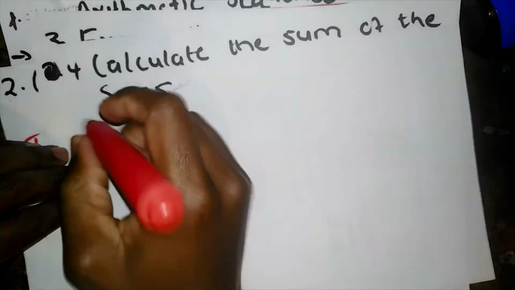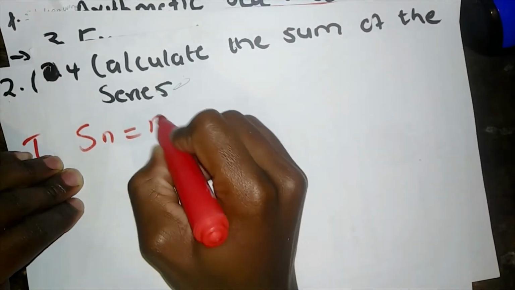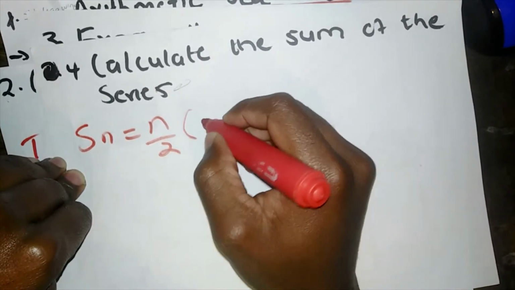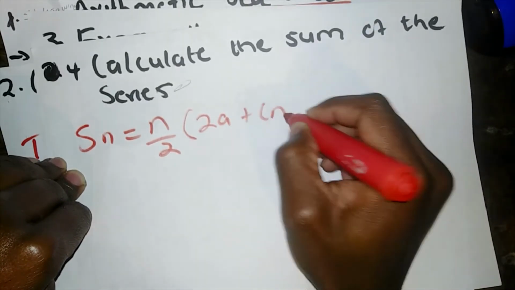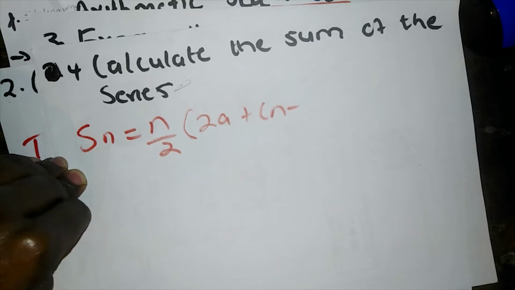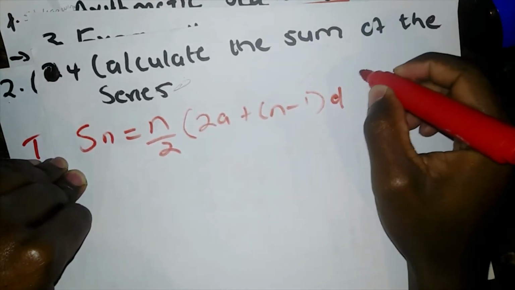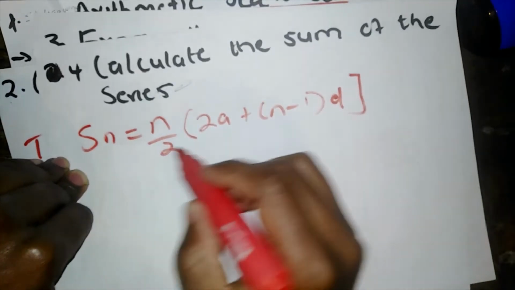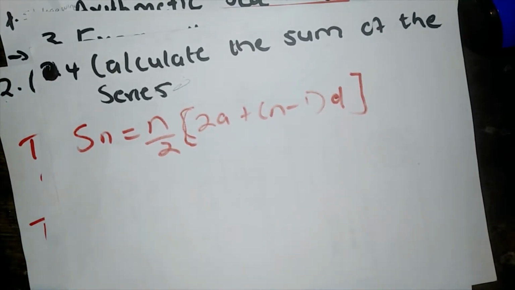The formula is given by Sn equals n over 2, open the bracket, 2a plus n minus 1 times d, then you close your brackets. You must know it by heart.